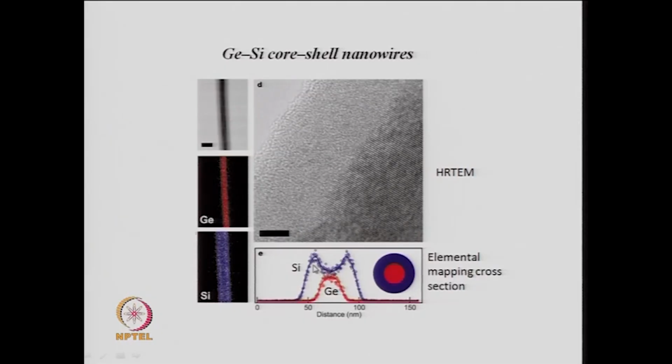And so, silicon will have maximum intensity away from the germanium maximum intensity, and since it is covering the germanium, it will be found on either side of the germanium peak. So, if you go away from the germanium center, either on the left side or on the right side, you will find an intense silicon peak on both sides of the center of the circle, if you take the cross section of this coaxial core shell type of nanowires.